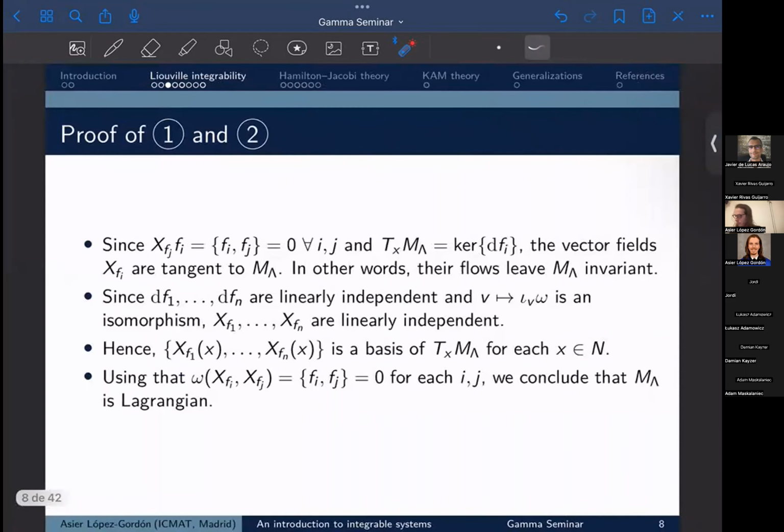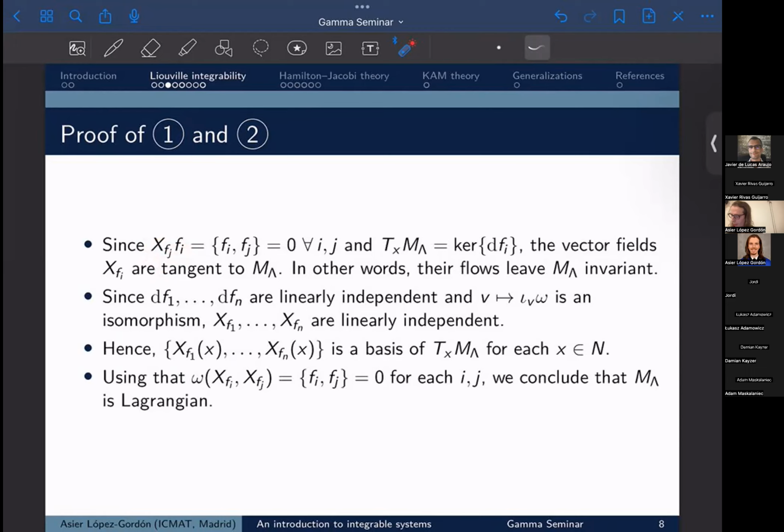These ones are easy, more or less, the easy steps. Okay, so first of all, since we are assuming that our integrals Poisson commute, so they are in involution, we can rewrite this in this way, that the Hamiltonian vector field of Fj acting on Fi vanishes.